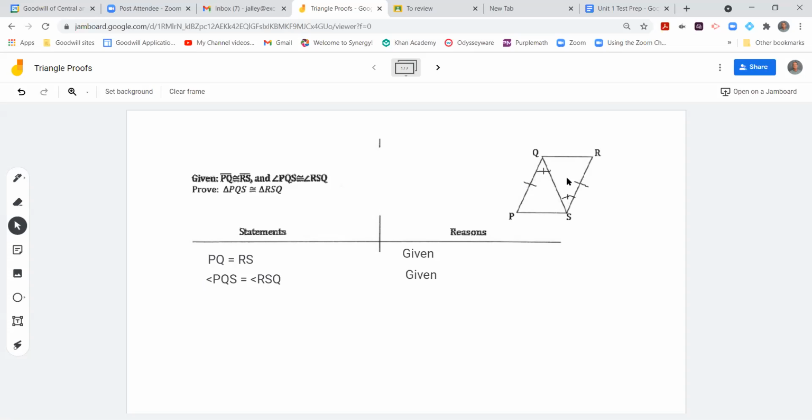So can I show that this line here, QS, is congruent? Yes. Heck yeah. This is the reflexive property in action right here. This is how it helps you to complete these proofs. QS is congruent to itself, and the reason for that is the reflexive property.